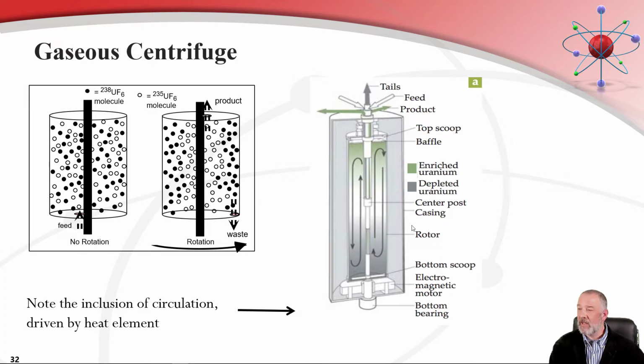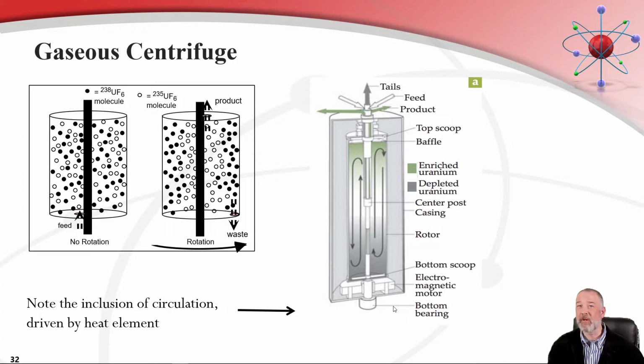Now, this is a more realistic diagram of what a centrifuge looks like. I'll just go over the components here pretty briefly, the ones that are, I would say, pretty important in terms of non-proliferation. Now, the bearings that these things spin on are usually magnetic bearings, what you would call frictionless bearings.